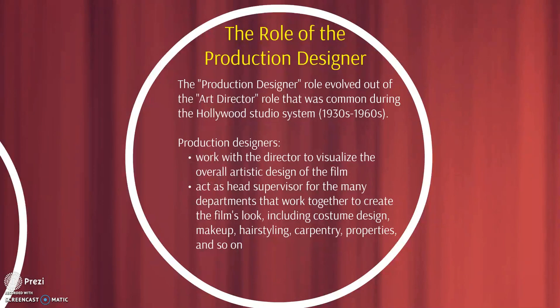Sometimes it's because they would reuse sets, props, and costumes to save money, but also because you would have the same artists working on multiple films for the same studio. So the art director was a really powerful position in the studio system who would make sure that MGM films looked and felt like MGM films rather than Universal films, for example.